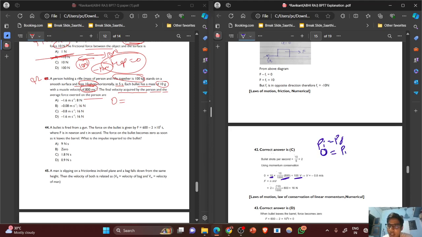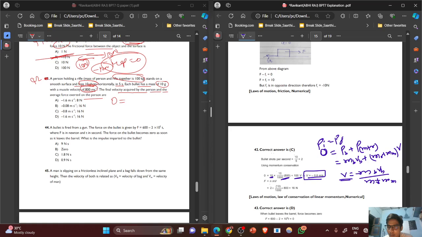Finally, there is a bullet and there is a man plus rifle. So bullet has mass of bullet times velocity of bullet, plus mass of rifle plus mass of man times velocity of both. So velocity will be simply minus mb vb by mr plus mm. Just put the value, get the velocity, and once you get the velocity, that will be 0.8 meter per second.